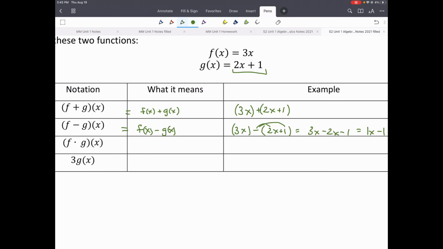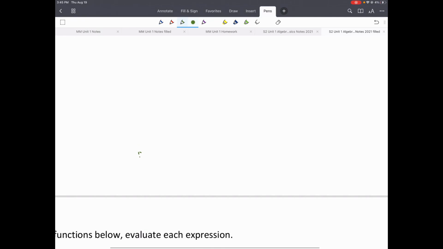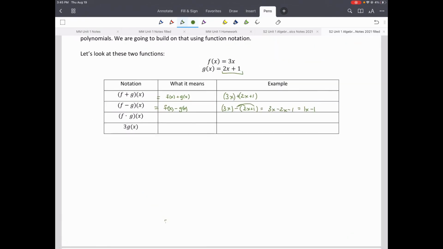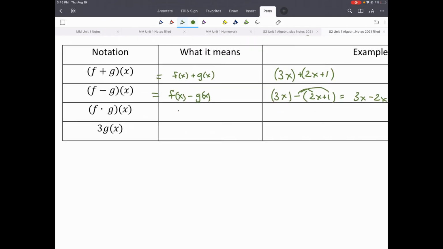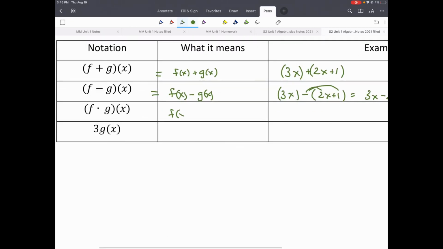Okay, next we have f times g of x. So that's how we would say it. Again, what we're doing here is the same as f of x times g of x. So 3x times 2x plus 1.